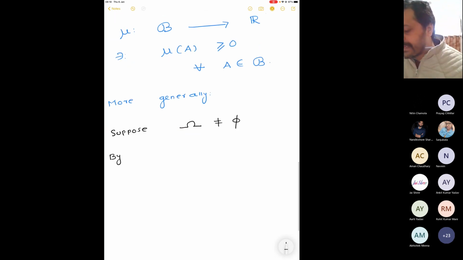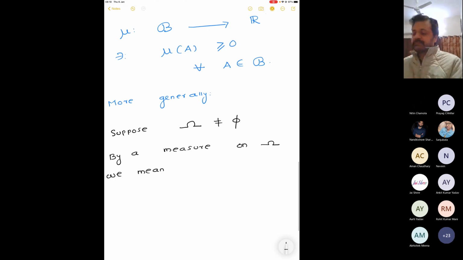By a measuring system or a measure on omega, we mean, can you tell me? Just try to generalize. Instead of R1, we are working with omega. We mean, what you want to do?